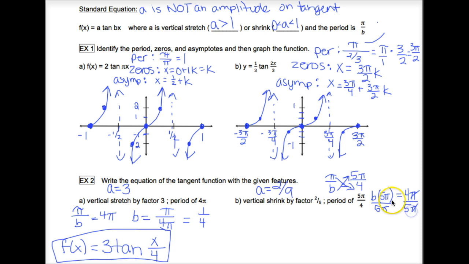So pi's cancel, these cancel. I've got B equals 4/5. Yay, I've got A, I've got B. I can write my final answer. So f of x or y equals 2/9 tangent 4/5 times x would be 4x over 5.